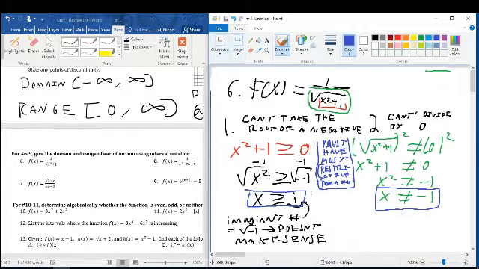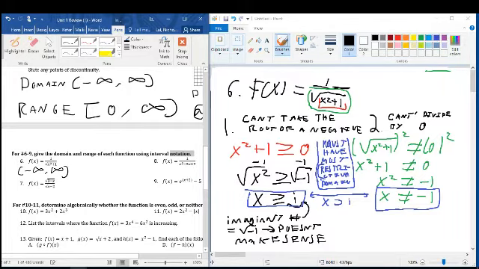So the actual domain between the most restrictive of the two becomes x has to be just greater than i. But the domain's actually going to be all real numbers because i is an imaginary number. An imaginary number is not a real number. So the domain is going to be from negative infinity to infinity, because imaginary numbers aren't real numbers.